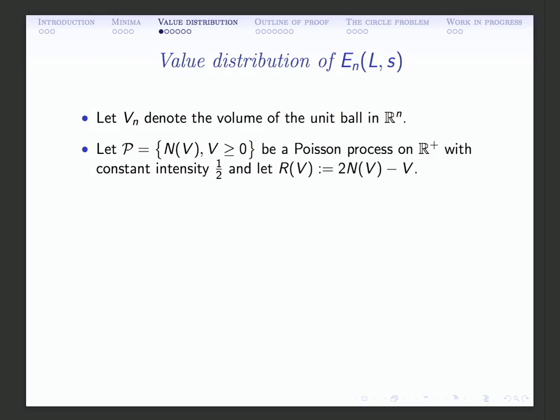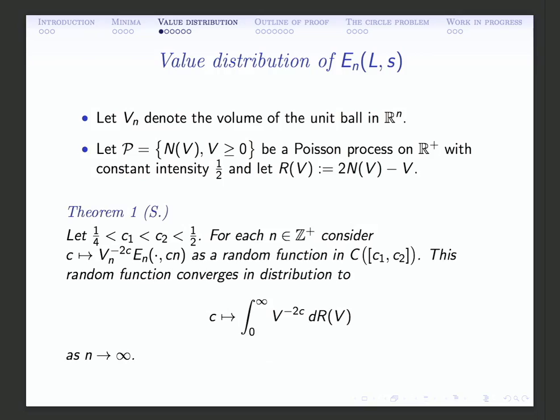So this notation means that this capital N of V counts the number of points of this Poisson process in the interval going from 0 to V. So N of V is a counting variable. And I introduced the related variable R of V, which takes 2 times this count minus V. And this turns out to be of interest. I'll try to tell you more about it in a second.